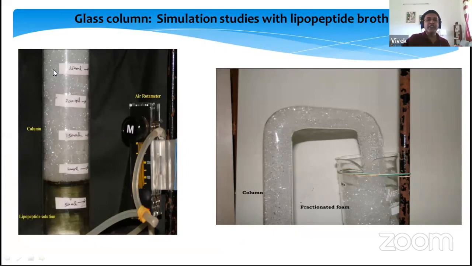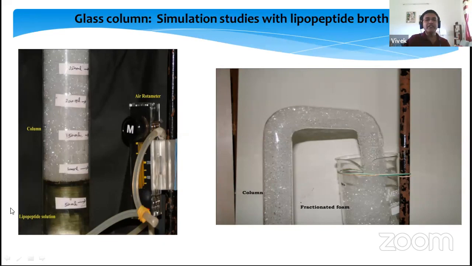It's a very simple setup and doesn't cost much. We just spent 200 rupees on fabrication of this column. The only expensive component in this foam stability testing is the air rotameter. We used a fish tank motor for pumping in gas, and we calibrated this rotameter.